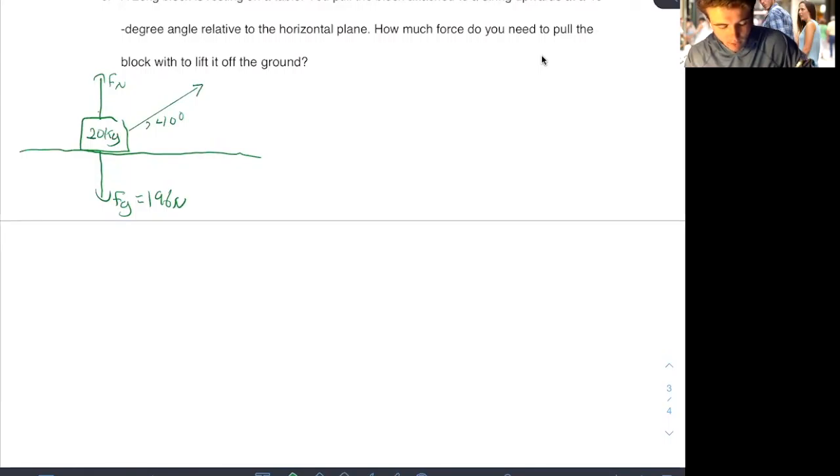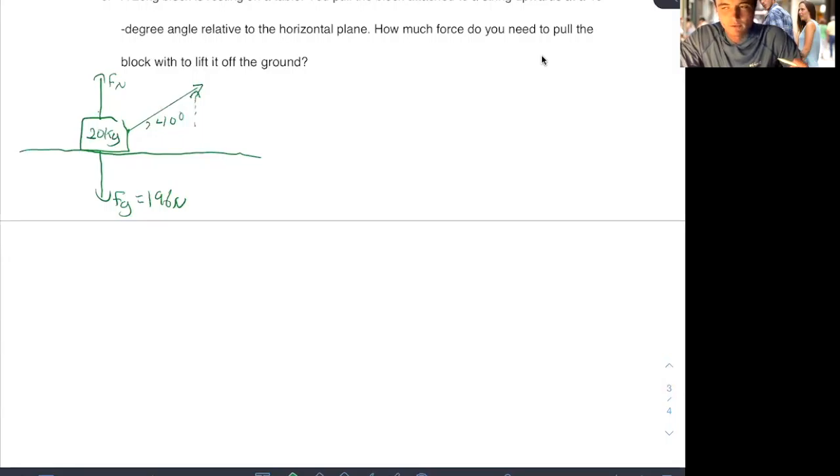So how much force do we need to apply to this block to get it to lift off the ground? We have our rope that's attached right here, pulling at a 40-degree angle. So the first thing we should do is find how much force we need to apply in the y direction to get it to lift off the ground.